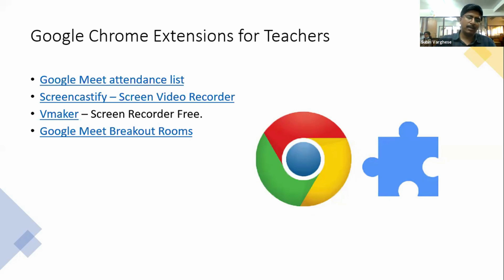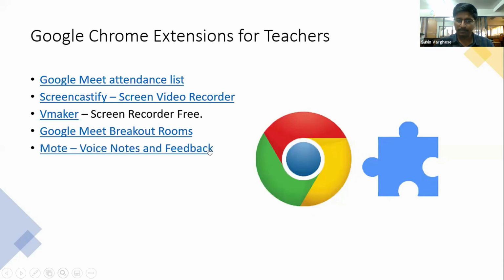But this particular extension, Google Meet breakout rooms, will help you make umpteen number of rooms with number of students or people inside it. So you can monitor all these rooms. You can give discussion topics in each room, and you can stay outside of these rooms and monitor all of them. Google Meet breakout rooms.